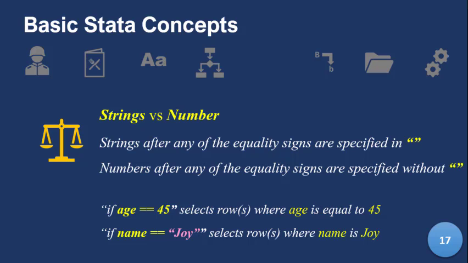But when they are numbers, there's no need for that. Strings are specified with inverted commas, and that's what I'm trying to emphasize here. When you're talking about age, you don't see any inverted commas. But when you're talking about name, you can see Joy, with the purple inverted commas right there. So that is how it's done.